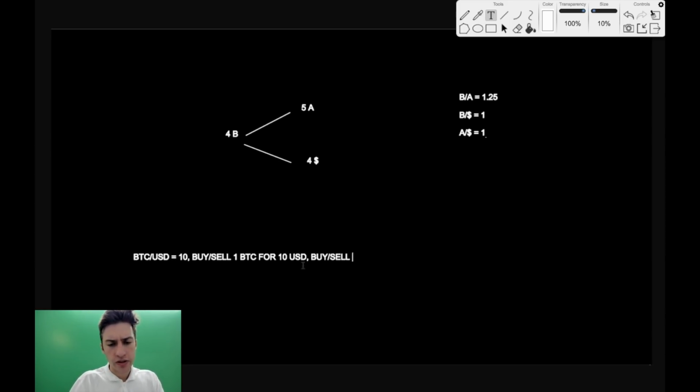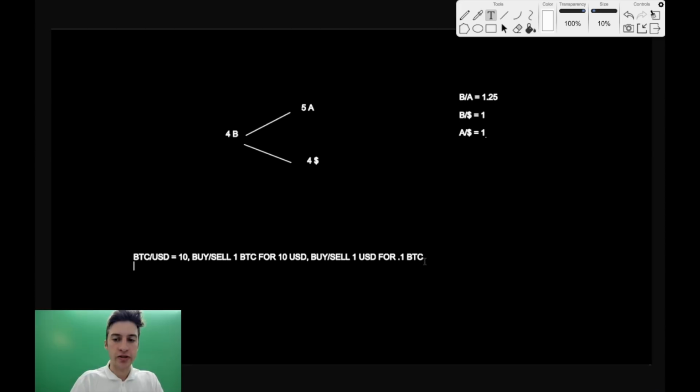But what that also means is that we can buy or sell $1 for 0.1 Bitcoin. So if we wanted to exchange our Bitcoin for dollars, we could just say to the vendor, here's 0.1 Bitcoin, and he would give me $1. Or if I want to buy Bitcoin, I could just say here's $1 and I would receive 0.1 Bitcoin.